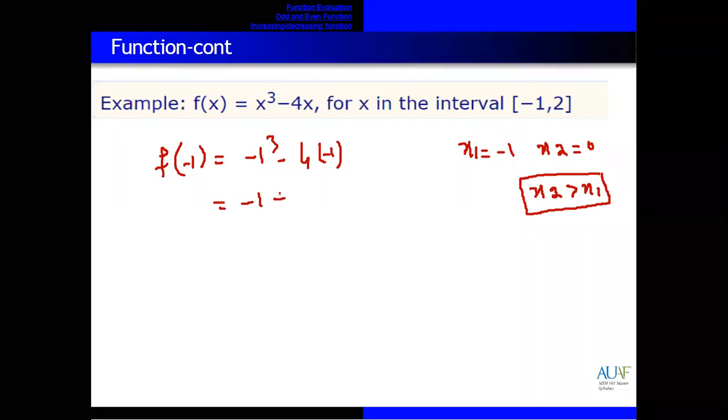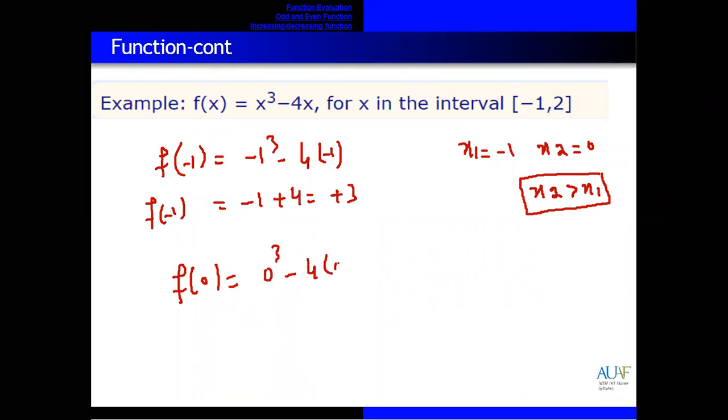Minus 1 this one becomes 4, so equal to plus 3. This is f of minus 1. Now the second value is 0, so f of 0 is equal to 0 cube minus 4 multiplied with 0. 0 minus 0, so it is equal to 0.